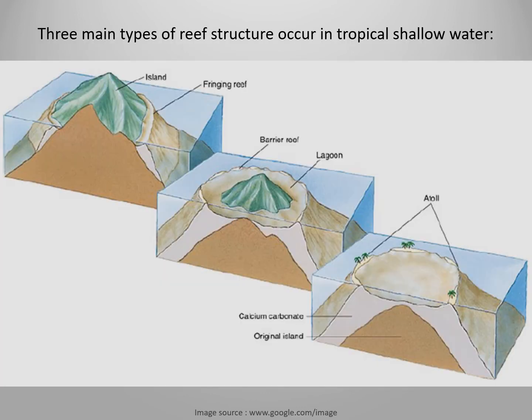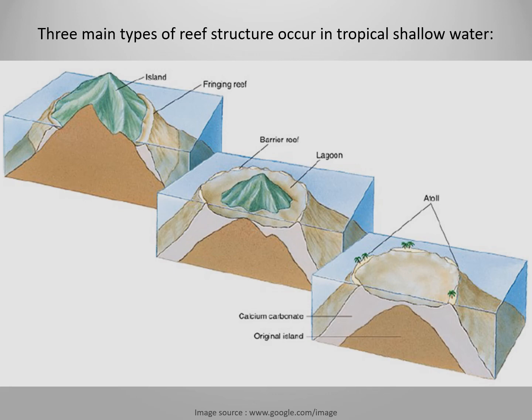Now, if we look at the reef corals, reefs are structures mainly formed in tropical shallow water, where all the previously discussed conditions are better found, and mainly three types of reef structures are found.